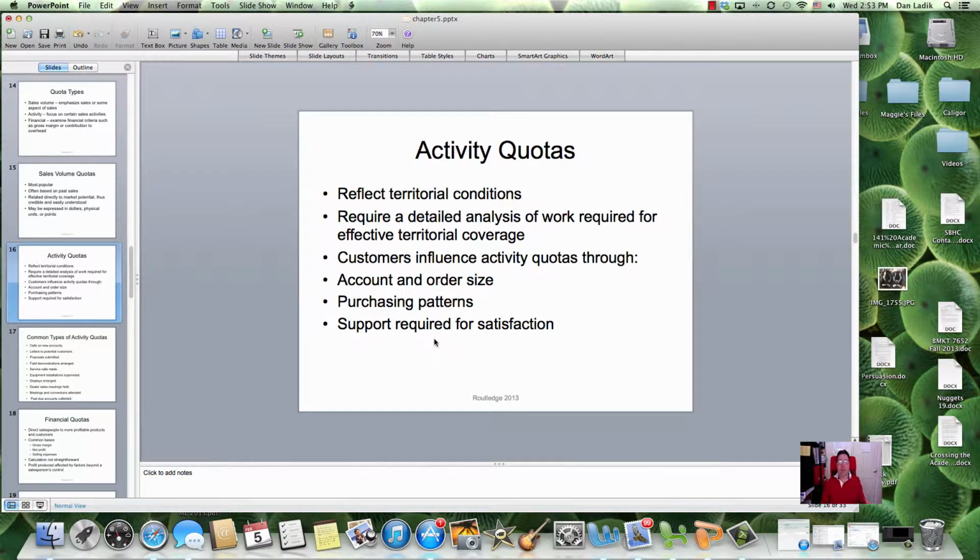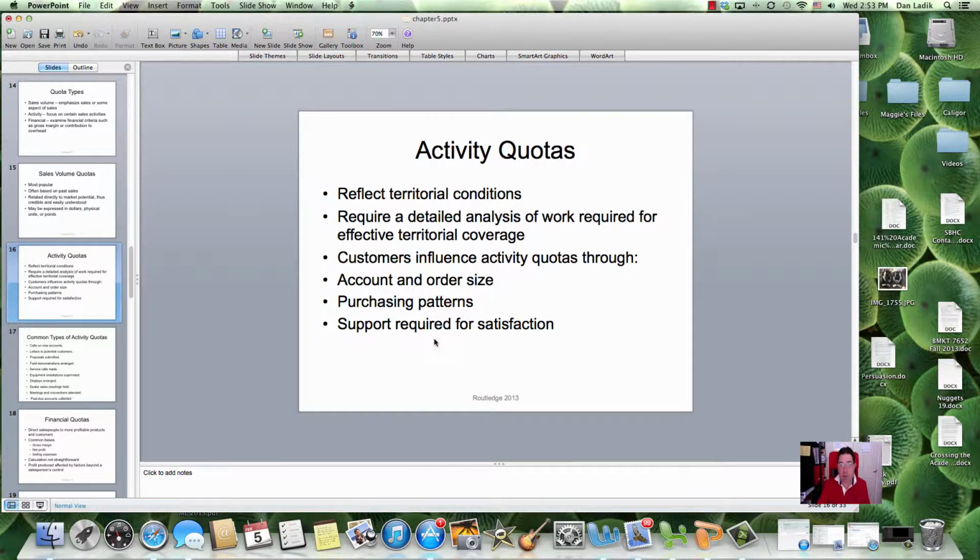Okay, here's some activity quotas. It could be a function of the territory. For example, someone's activity quota if you're a pharmaceutical rep for Manhattan versus your activity quota for a rep for, say, Kansas City. There's more hospitals and more doctors in Manhattan than there are in Kansas City.